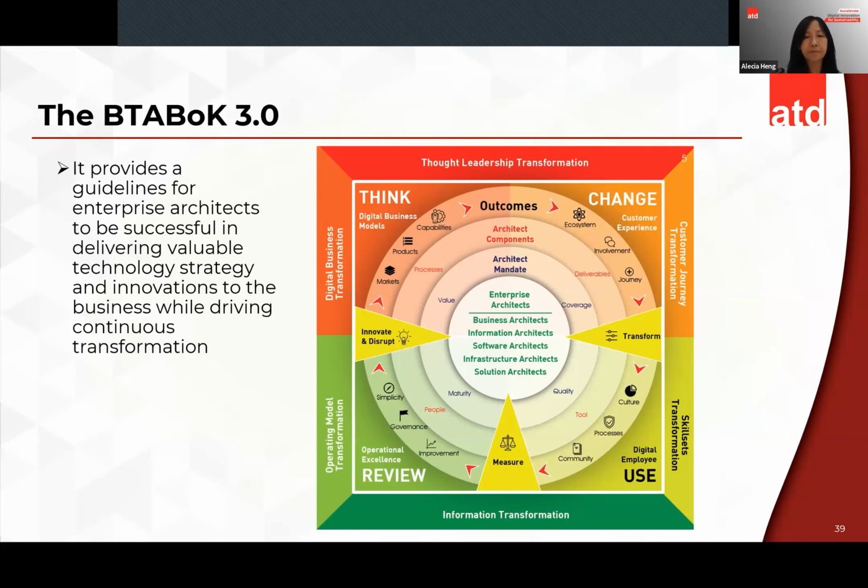All this you can find on the Iasa website, whereby you can look at each and every part of it. But for this particular course, we will be looking into the competency of architects as a start, right?